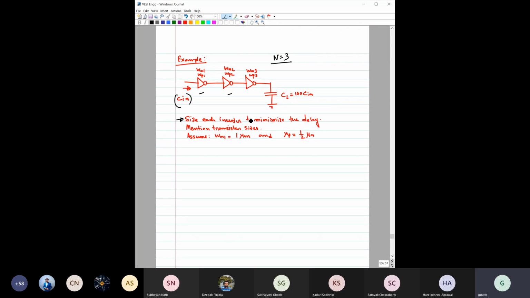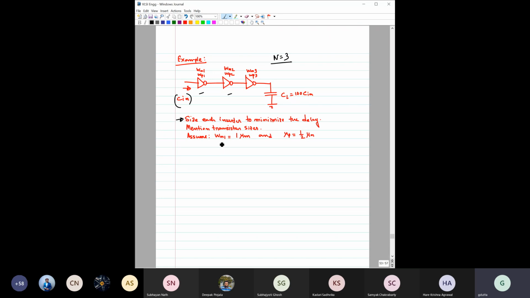Then they mention the transistor sizes. Here you can see WN1, WP1, WN2, WP2. These are mentioned, and we need to find them. What would be the width? Size means basically the width, because for a particular technology, L is constant, right?